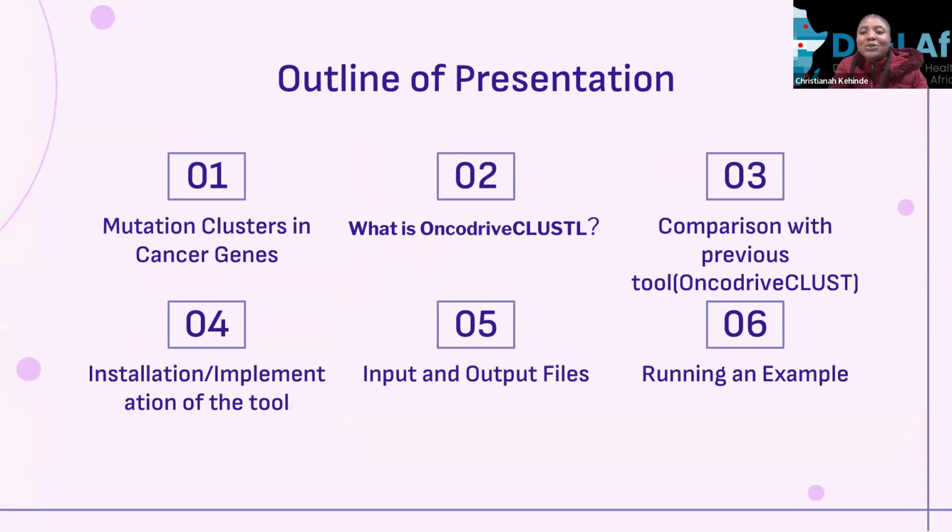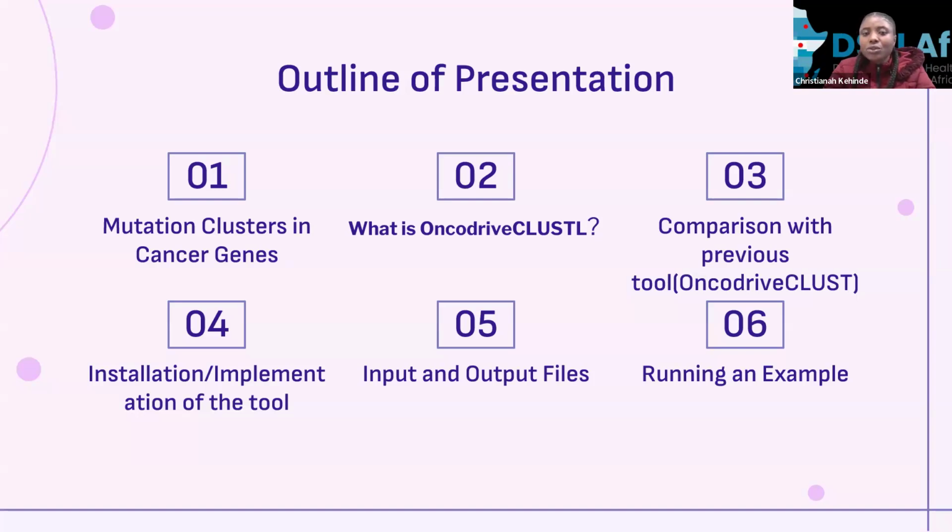I'm just going to briefly go through the outline of the presentation. The first thing we'll be doing is to look at the implication of mutation clusters in cancer genes, because the tool basically is to identify mutation clusters, and then after the identification of mutation clusters, to see how driver genes can be extracted from the identified mutation clusters.